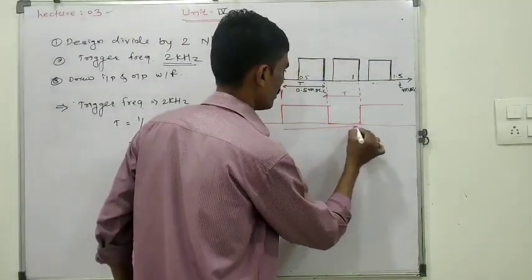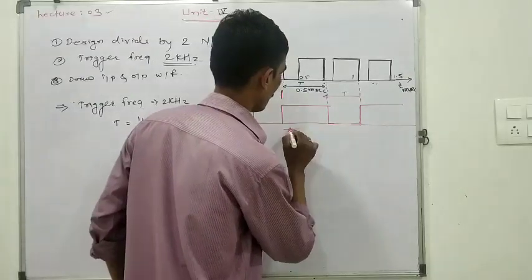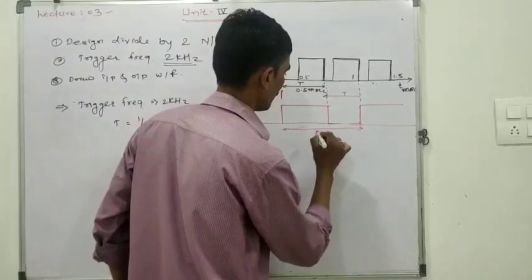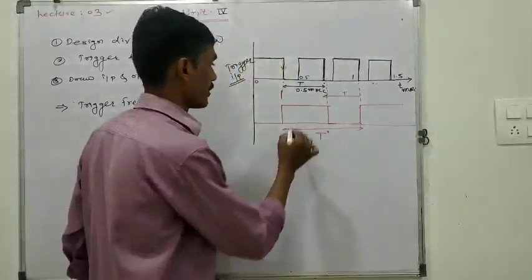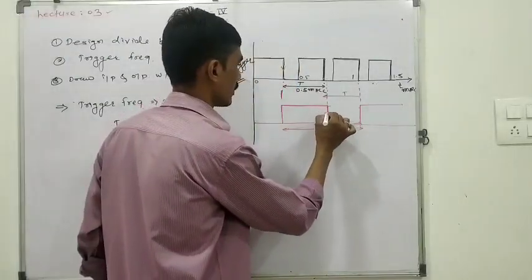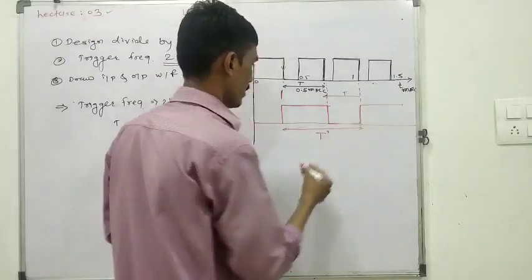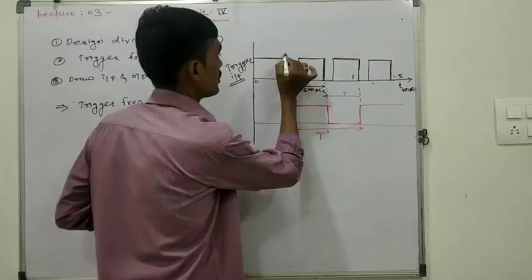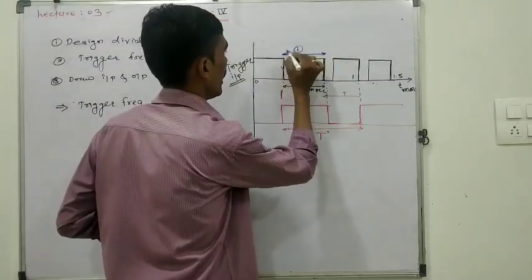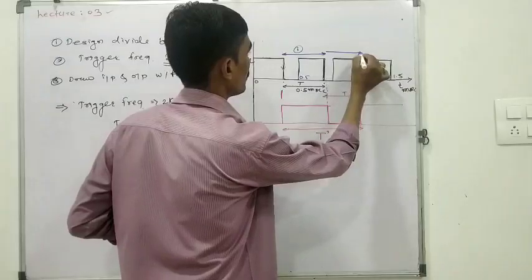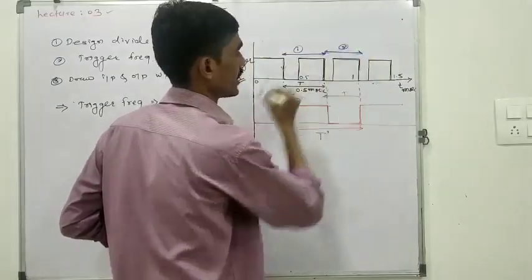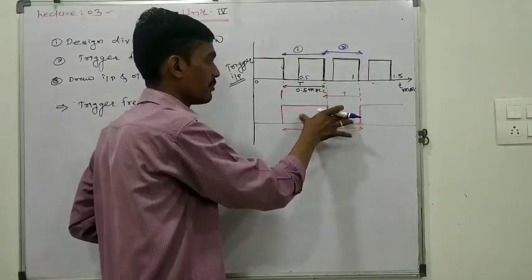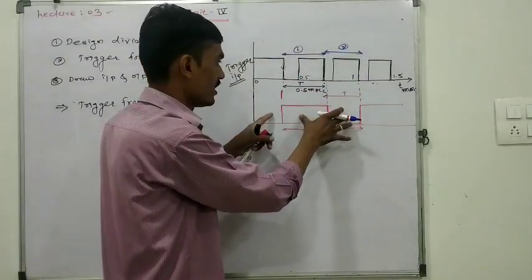If you look at the output wave, this is the T dash for the output. See how this works as a divide by 2 network. For this first cycle and up to this second cycle, these 2 cycles get merged into a single cycle at the output end.